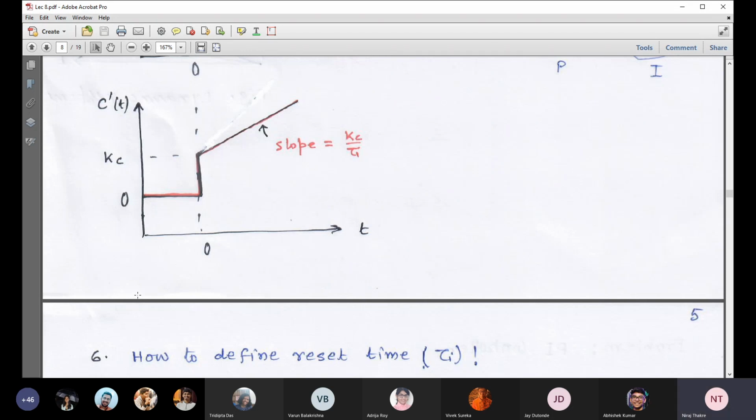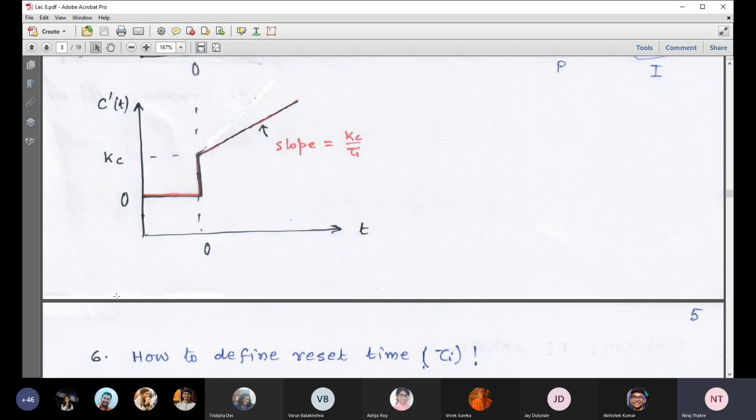Now we want to extract the definition of this tau I. The controller equation includes CS bias signal, explained in detail. We have Kc, proportional gain, also detailed. We have another term tau I, reset time, that is not explained in detail so far.